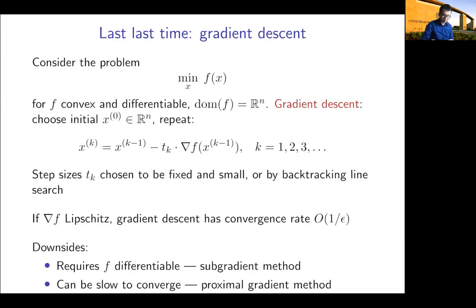Last time, actually the lecture before last, in lecture 4, we talked about gradient descent, which solves the following convex optimization problem: we want to minimize f of x when x is unconstrained.